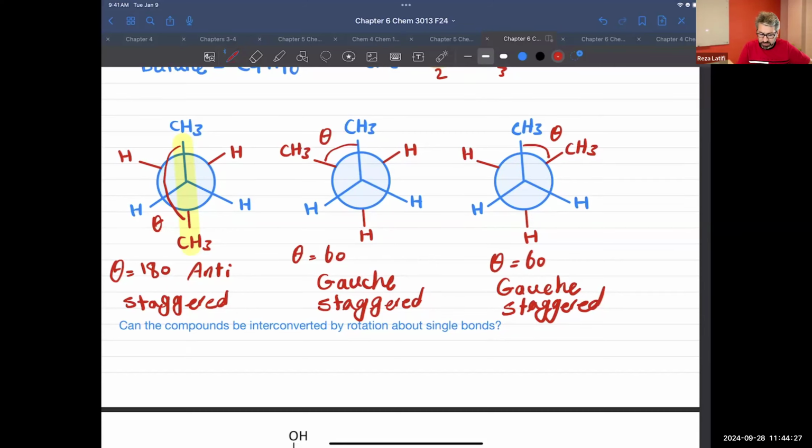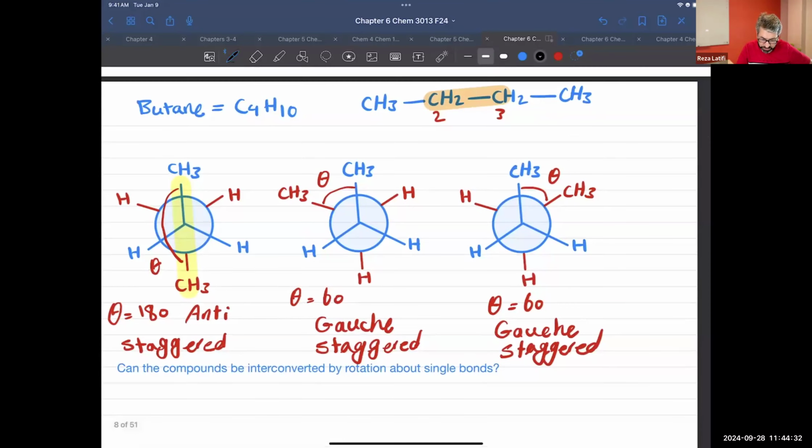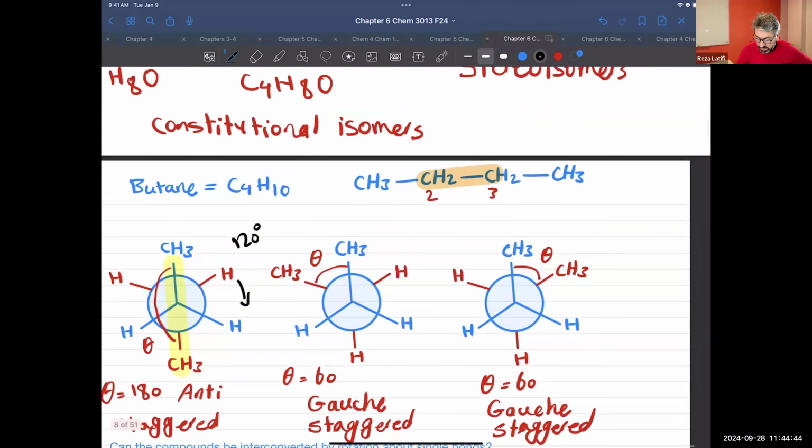Now a question is, what's the difference between these 3 structures? The difference between them, we decided to move the second carbon by 120 degrees. So we had a rotation around this bond, the bond between carbon number 2 and carbon number 3.